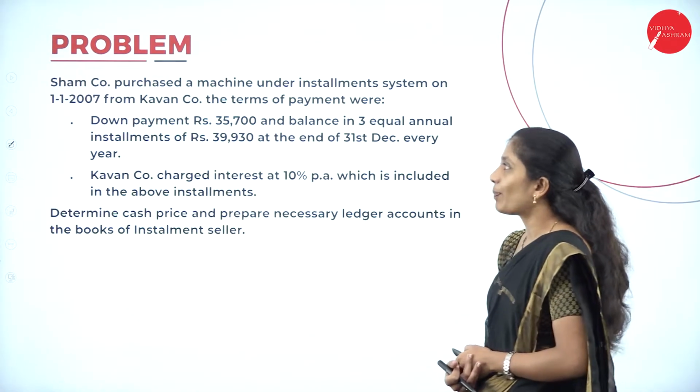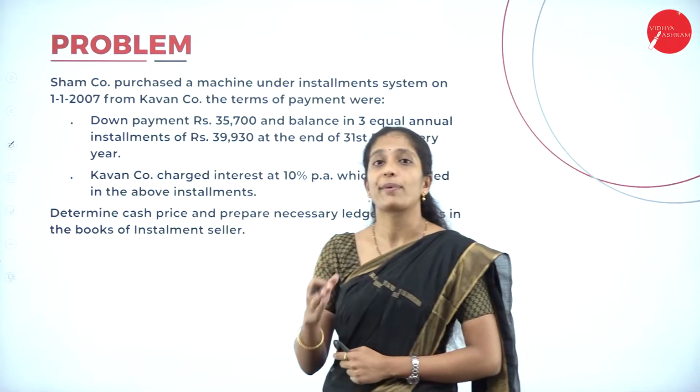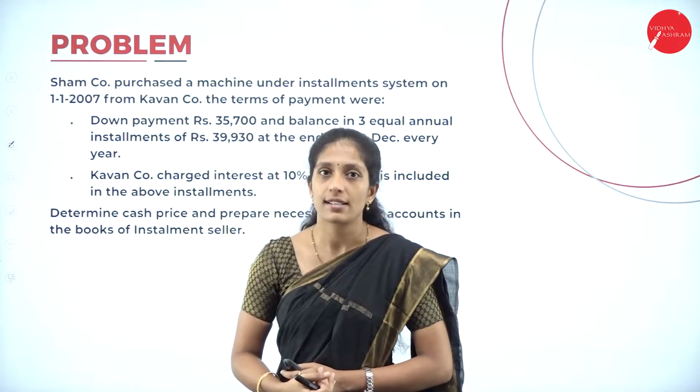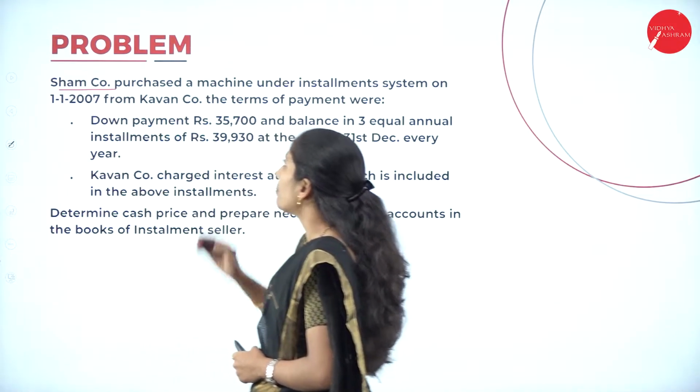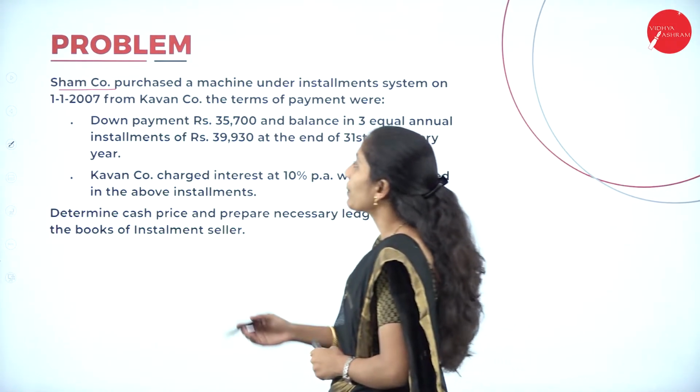Now we shall go through a problem so that you can clearly understand. So today we shall solve a problem relating to ledger accounts in the books of installment seller. Now go through the problem here. Sham company purchased a machine under installment system. Now who is Sham company?